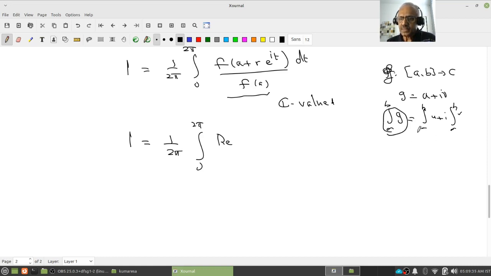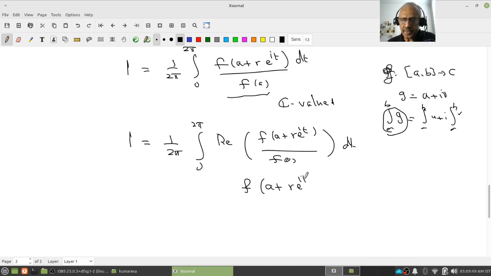Therefore the real part must be equal to this. This is the real part of f(a plus r e^(it)) by f(a) dt. So let us write f(a plus r e^(it)) by f(a) as u plus iv.